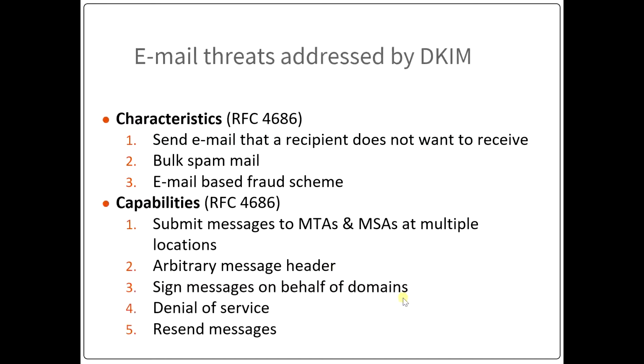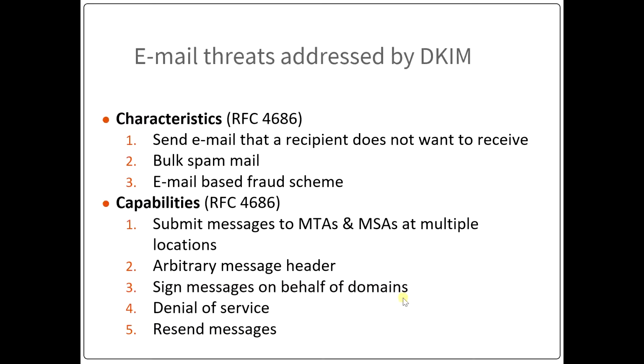Now let us look into the various email threats addressed by DKIM. When we talk about email threats, we are mainly referring to RFC 4686, which describes the threats addressed by DKIM in terms of characteristics, capabilities, and the location of potential attackers.